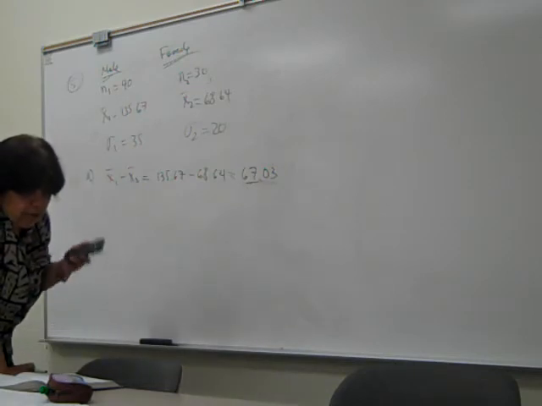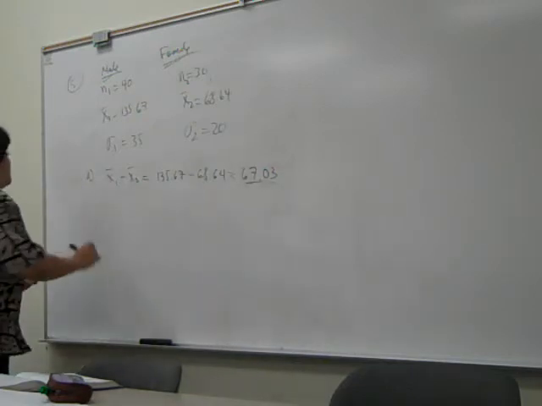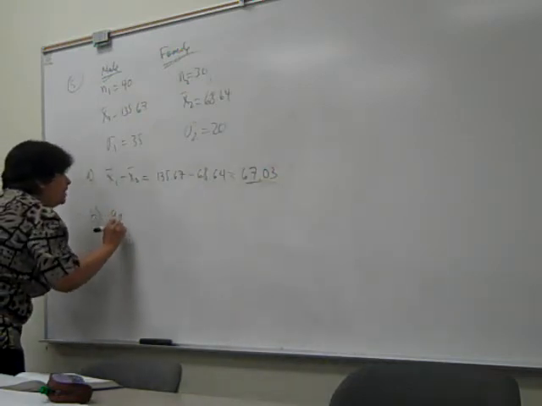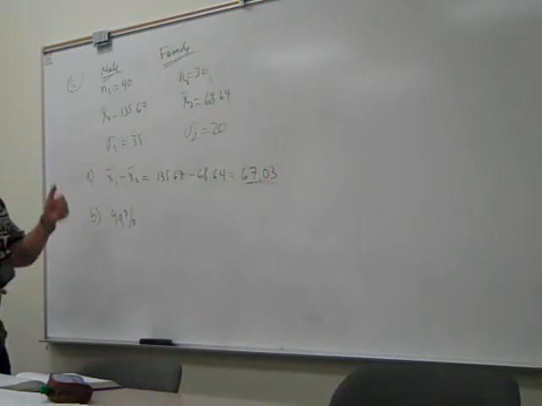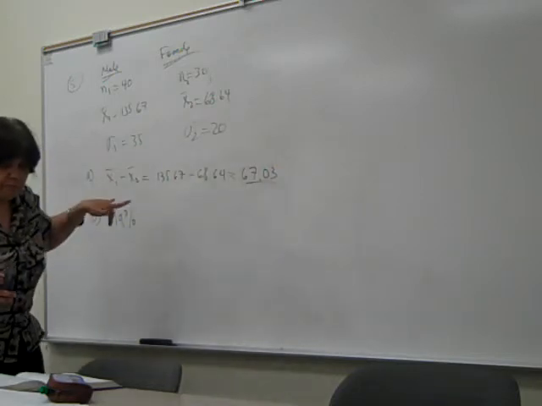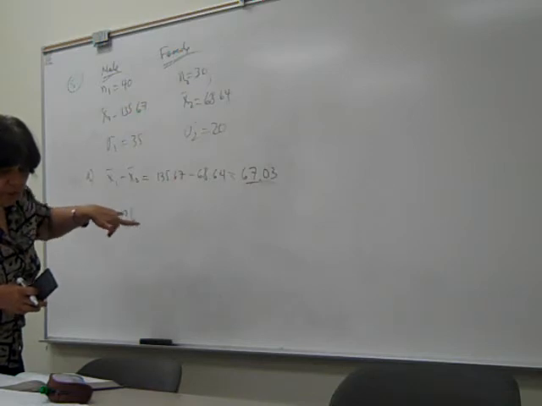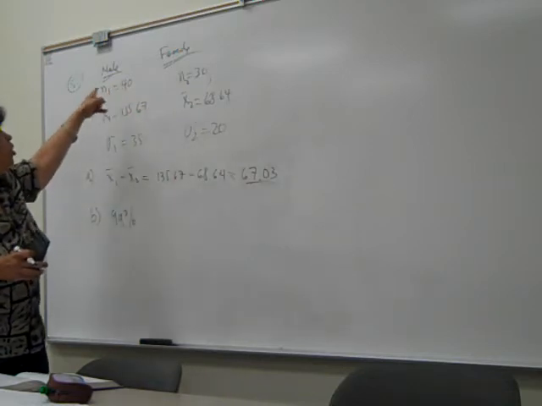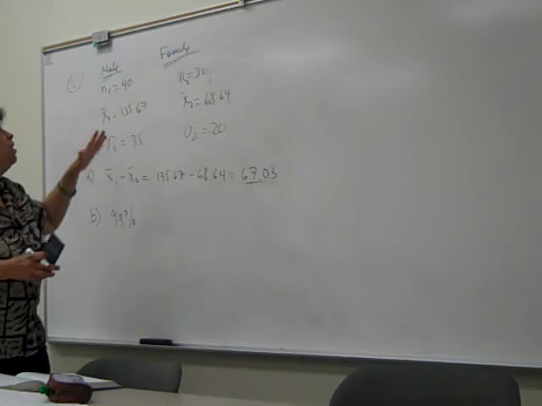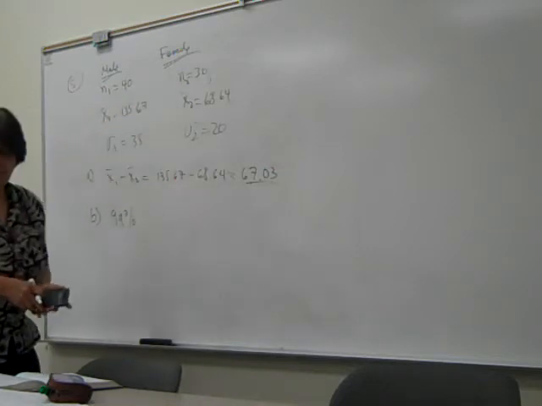Part B, a 99% confidence interval. They want us to find the confidence interval of the difference in the expenditures between the males and females.